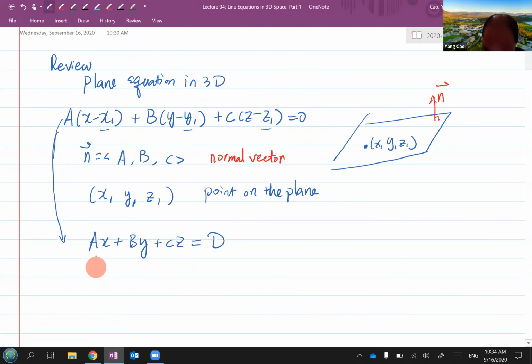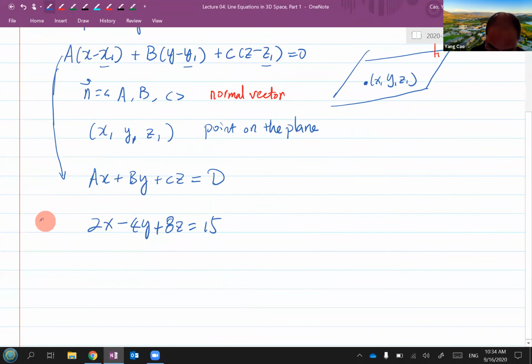Good, so the plane we're talking about here is 2x minus 4y plus 8z equal to 15. And we're looking for the normal vector.